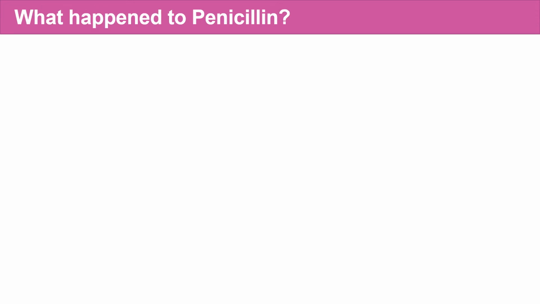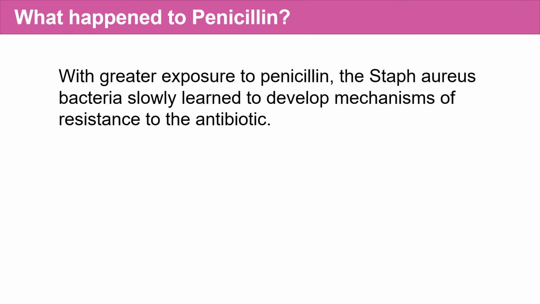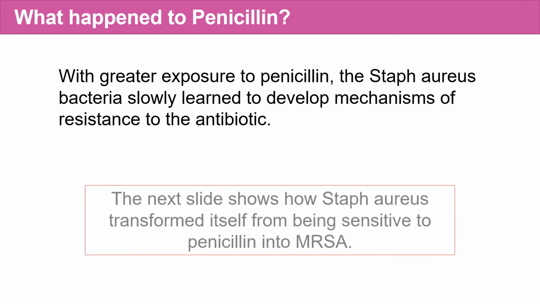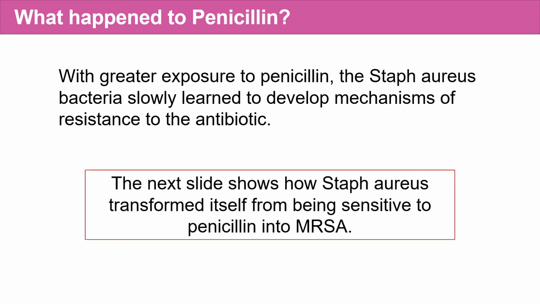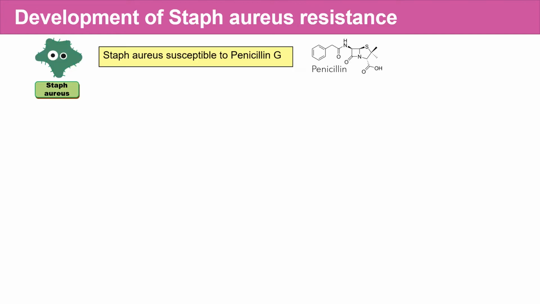So what happened to penicillin? Well, over the years, with greater exposure to penicillin, the Staph aureus bacteria slowly learned to develop mechanisms of resistance to penicillin. The next slide shows how Staph aureus transformed itself from being sensitive to penicillin into methicillin-resistant Staph aureus.